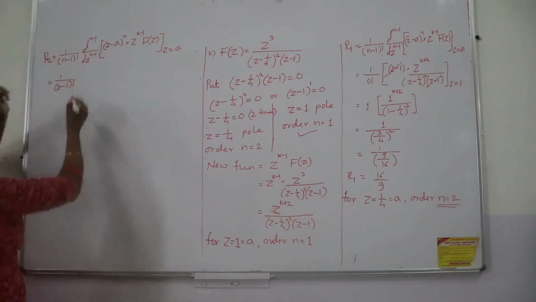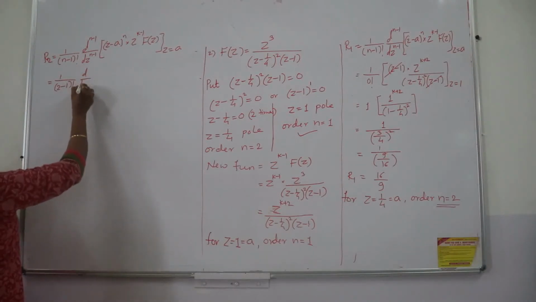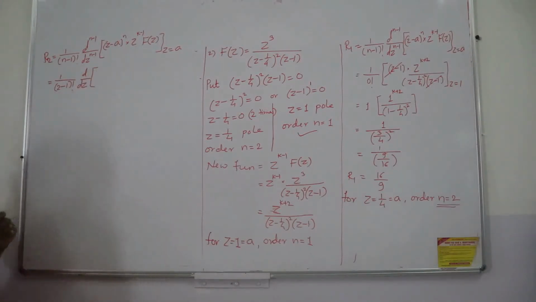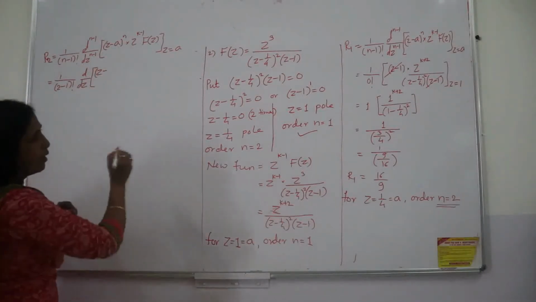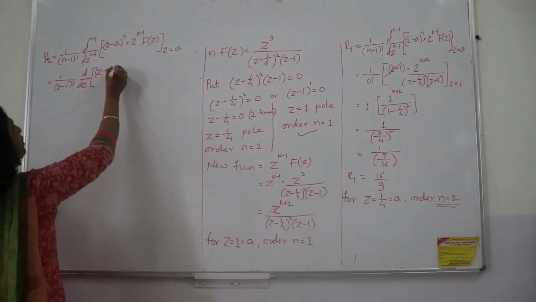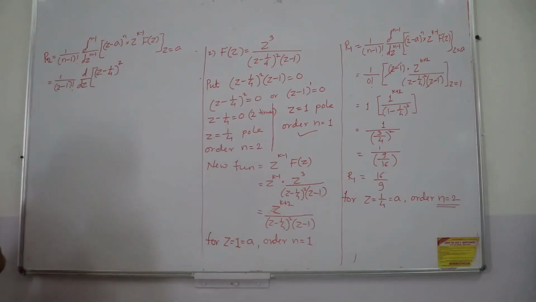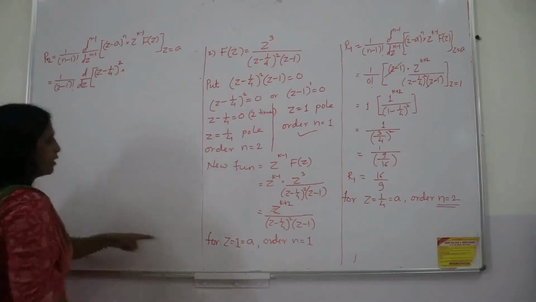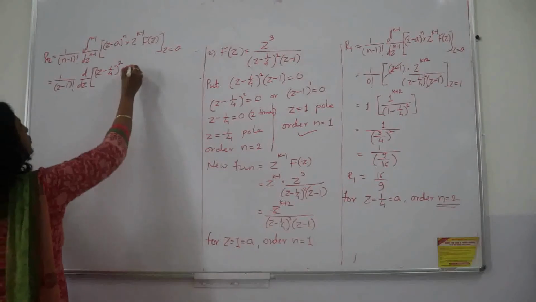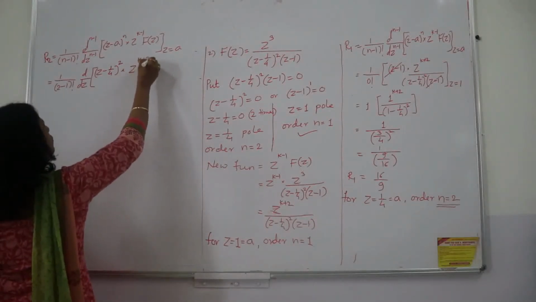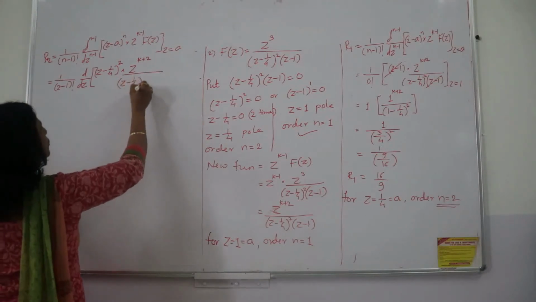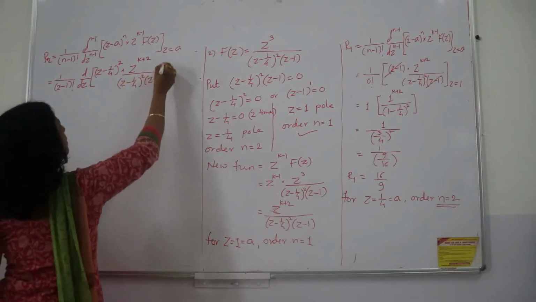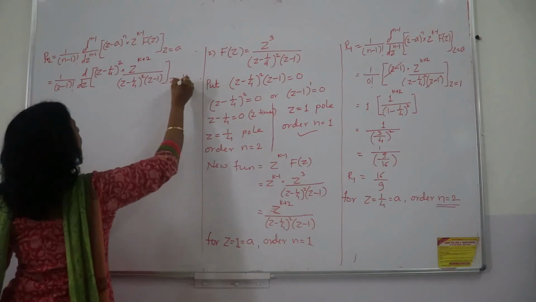Here 2 minus 1 means it is 1. So the first derivative I have to calculate here, d by dz. And then here you place (z minus a), where a is 1 upon 4. Now remember n is 2 here, multiplied by z raised to k minus 1. This is the function, so z raised to k plus 2 divided by (z minus 1/4) square and (z minus 1), and z is equal to 1 by 4.